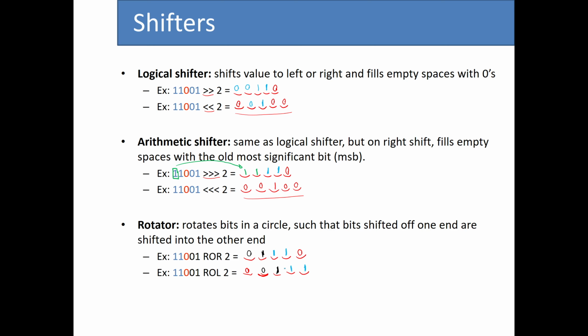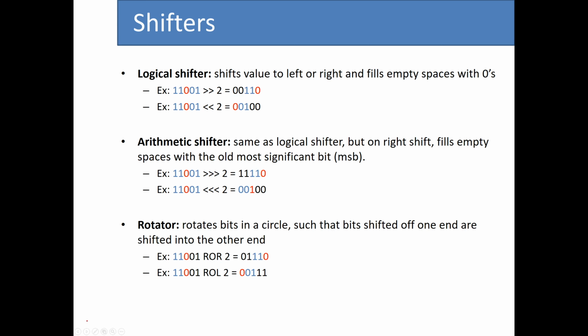So as you can see, we have some differences between these types of shifts. Also pay attention that the symbol for performing rotation is ROR when you want to rotate to the right, and ROL when you want to rotate to the left. So these are the same results as we calculated.